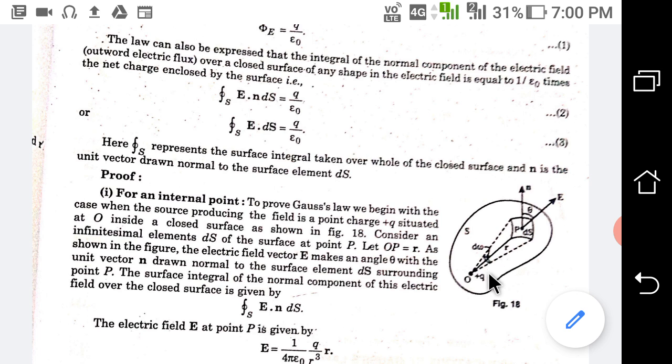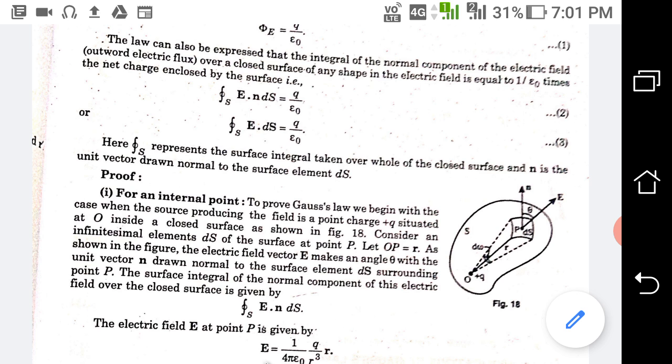Now consider an infinitesimal element ds of the surface at point P. Let OP be equal to R, as shown in the figure. Then the surface integral of E dot n ds is the electric field over the closed surface.